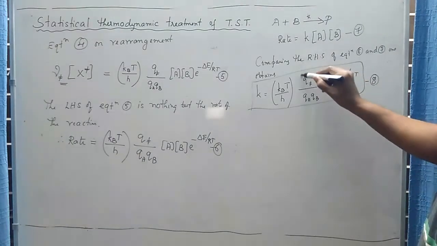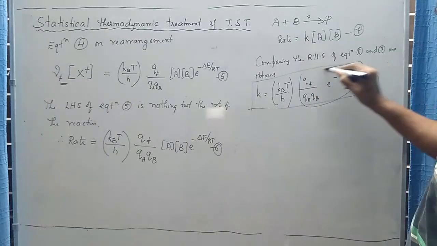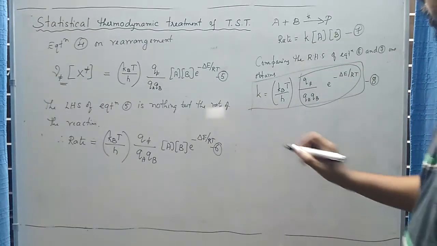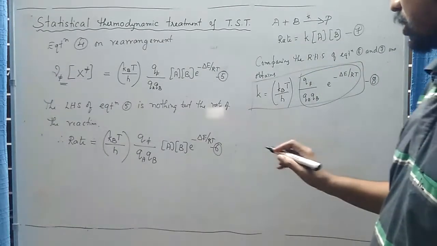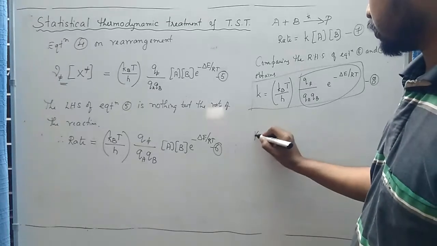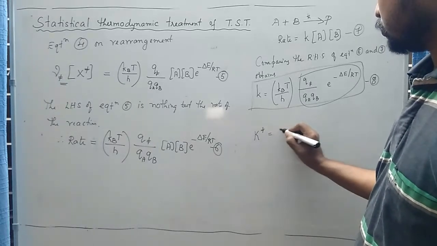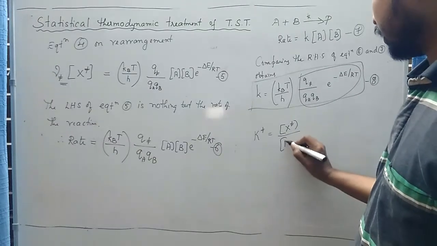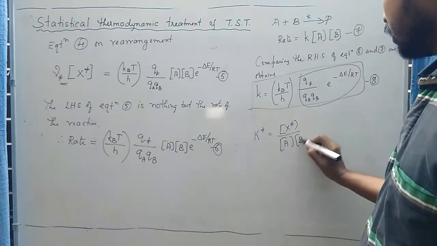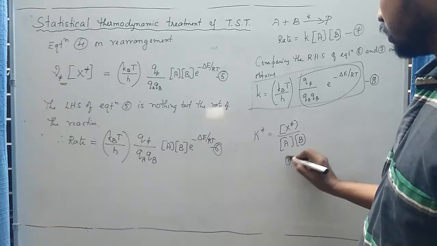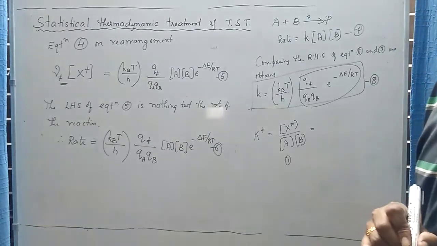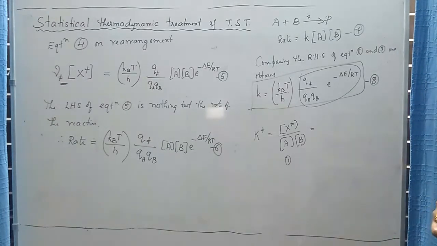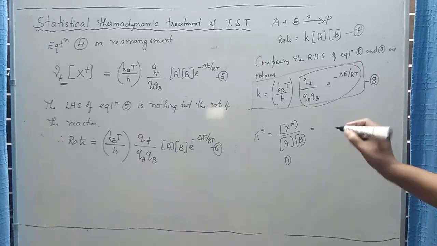Now if I consider this term, I will rewrite equation number 1: equilibrium constant is equal to concentration of X dagger divided by concentration of A into concentration of B. This is equation number 1. And according to equation number 2, we learned how to express the equilibrium constant in terms of partition function.